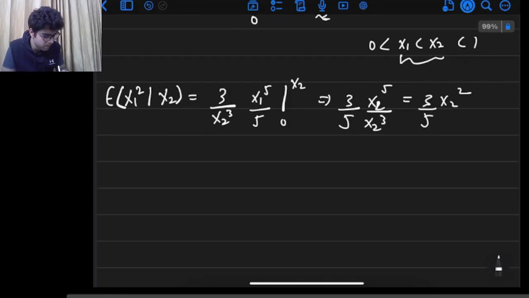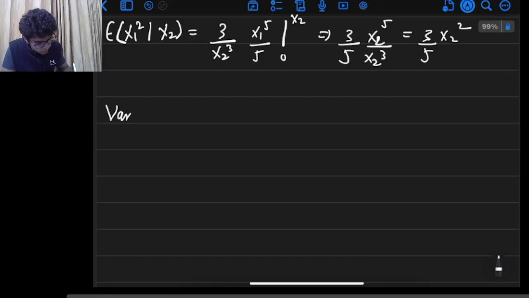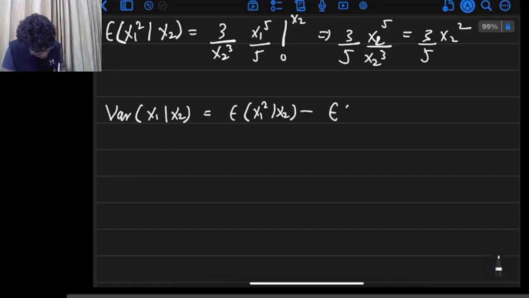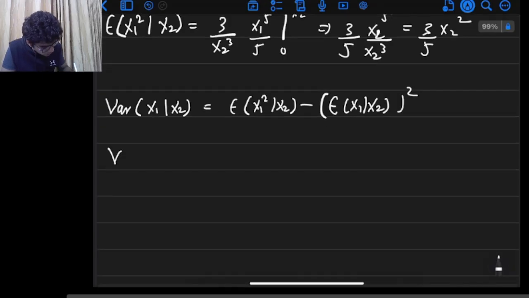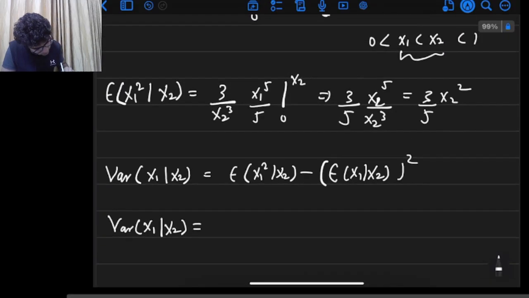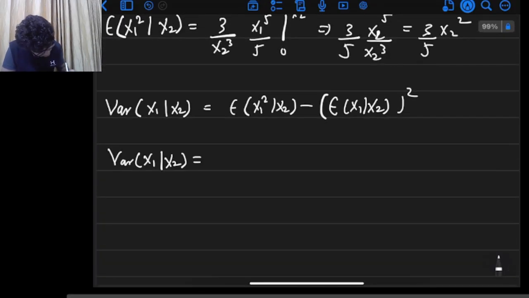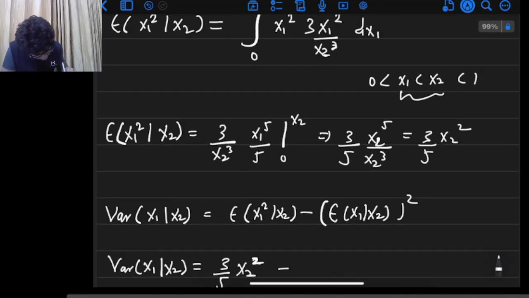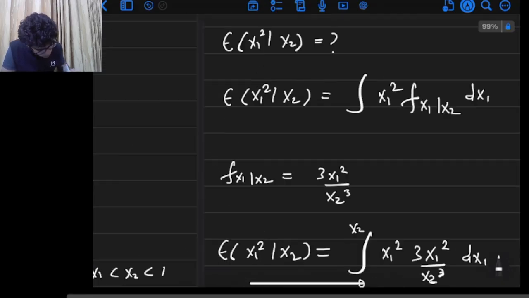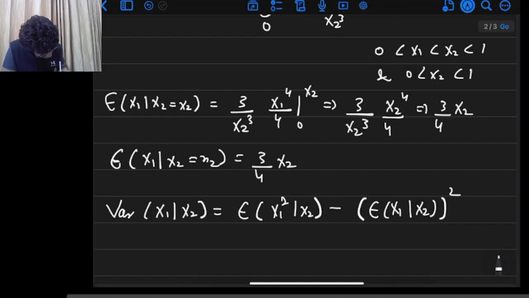Which gives me 3 by 5 x2 square. Now if I compute the variance of x1 conditional on x2, my formula is E of x1 square conditional on x2 minus E of x1 conditional on x2 whole square. This gives me the variance as 3 by 5 x2 square minus the square of 3 by 4 x2.